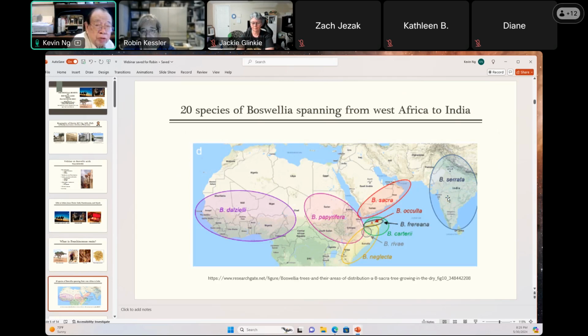Now, these Boswellia trees are grown in different parts of the world, stretching from West Africa to India. So many varieties of trees are available. The resin that I found the most are the Boswellia carteri and Boswellia sacra. Robin will tell you more about it.